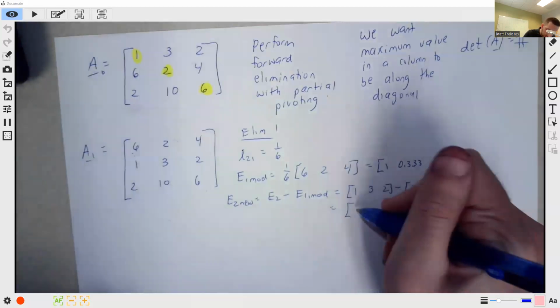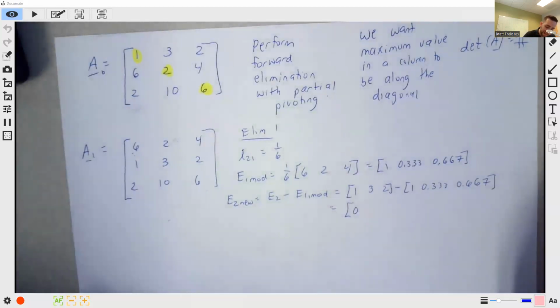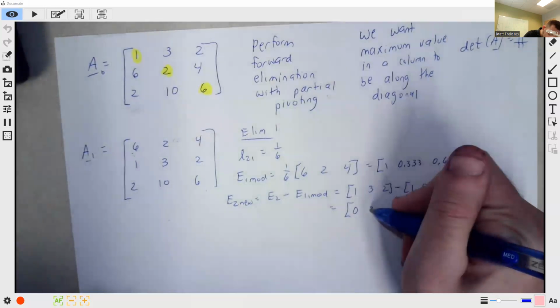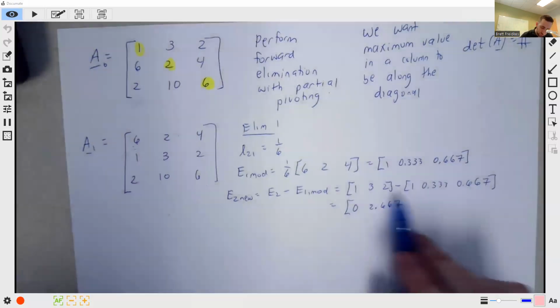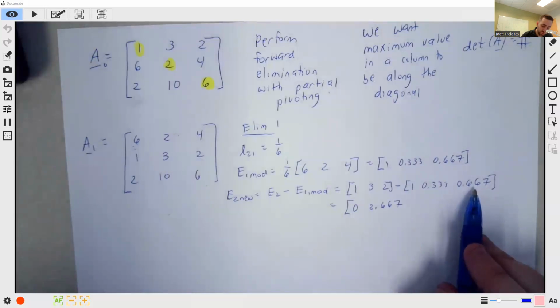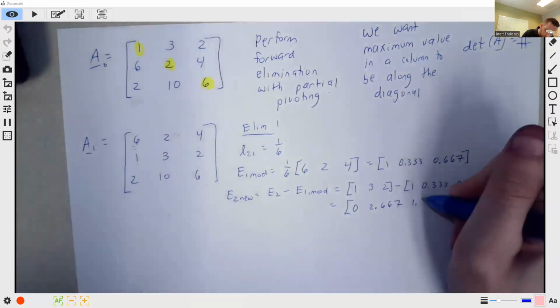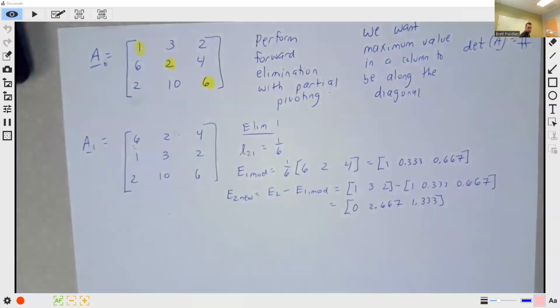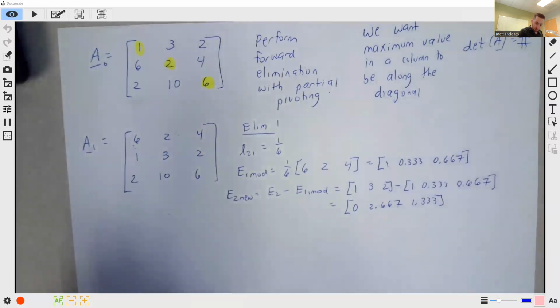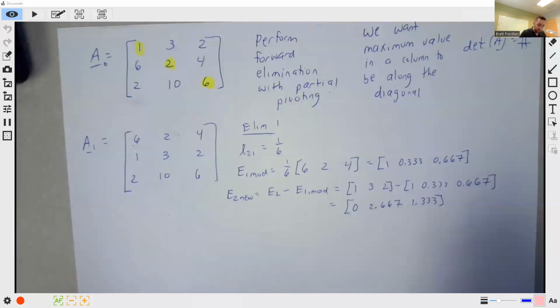So 1 minus 1 is 0. 3 minus 0.333, 3 minus a third will be 2 2/3, which will be 2.667. And then we'll do 2 minus 2/3, which would be 1 1/3, 1.333, like that. And of course, I'm going to double check with my calculator, make sure I didn't screw that up. Yep, we're good. So this is our E2 new.